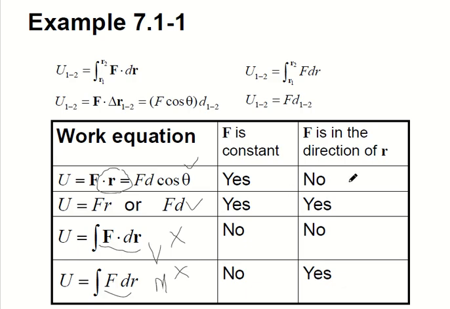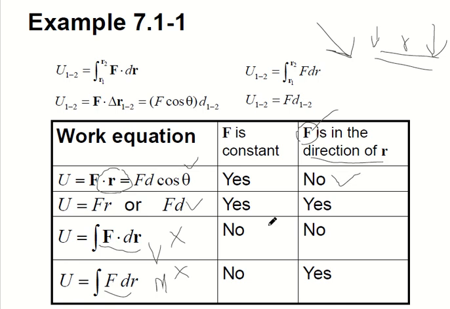And when we think about F, it is a vector because it is a force, and we're looking at the net force. So the net force direction, F in the direction of R, is not necessarily true, because your force can be going horizontally while the position of that moving particle can be in another direction. So we put no for that.